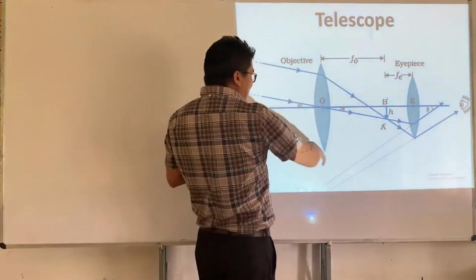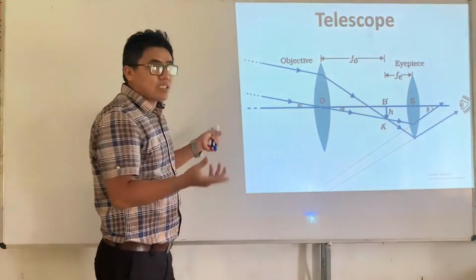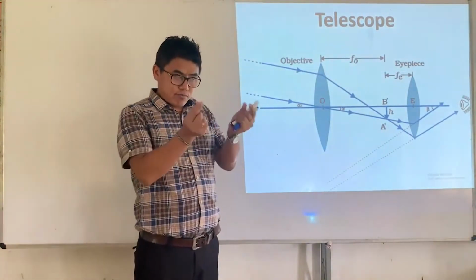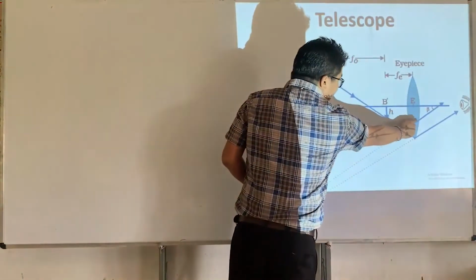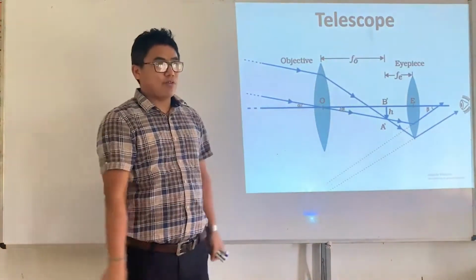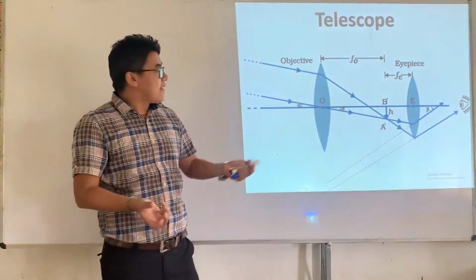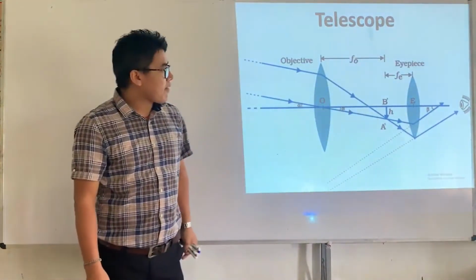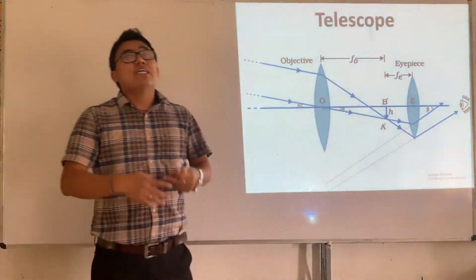If this objective lens could not resolve two stars, the later lens will not resolve further. Maybe the eyepiece could magnify the images, however it could not resolve.